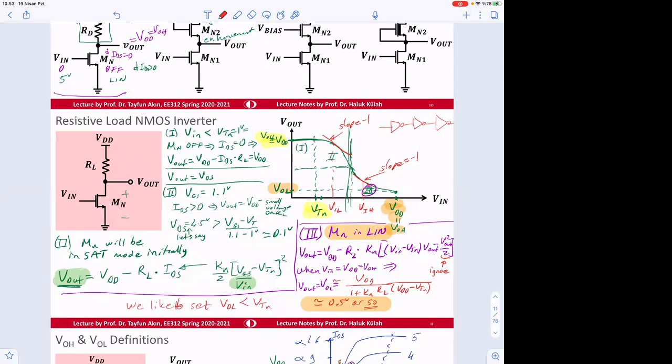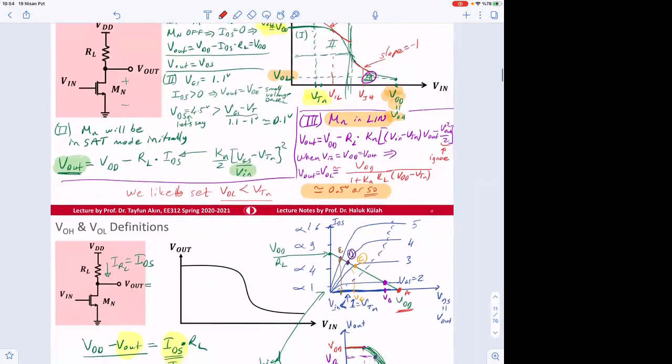Let's say this is VDD, then this will be V output low, and then for the V output low, the next output should be V output high, which is going to be VDD again, if this one is below threshold voltage. That's how we design, and we select the value of RL and also the Mn transistor equation.